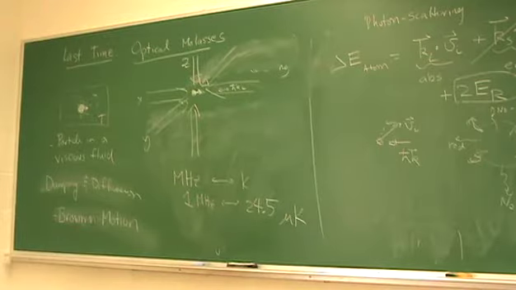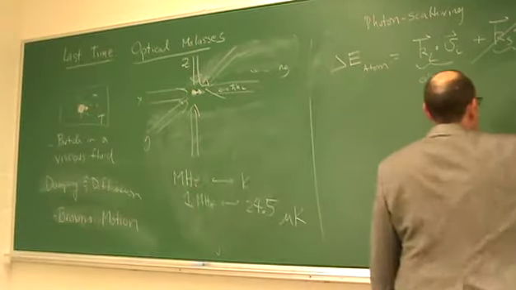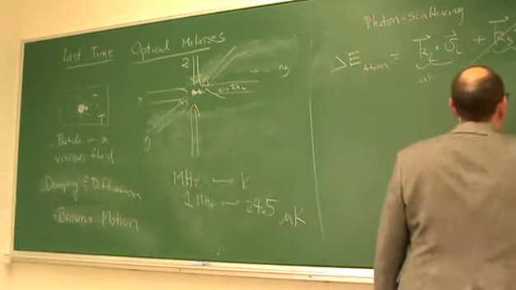Okay, so in sodium, which was the first neutral atom to be cooled in optical molasses, the line width is about 10 megahertz. It's 9.8 megahertz. And the Doppler temperature for sodium is about 240 microkelvin.